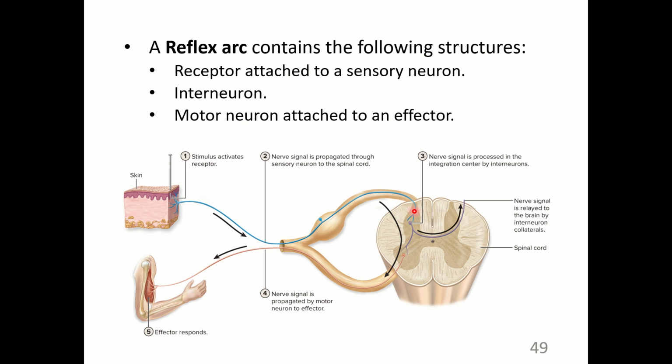In step 3, the nerve signal is processed in the integration center by the interneurons. Sometimes the nerve signal will loop and go right to step 4, where the nerve signal is propagated by the motor neuron to the effector, and then step 5, the effector responds.